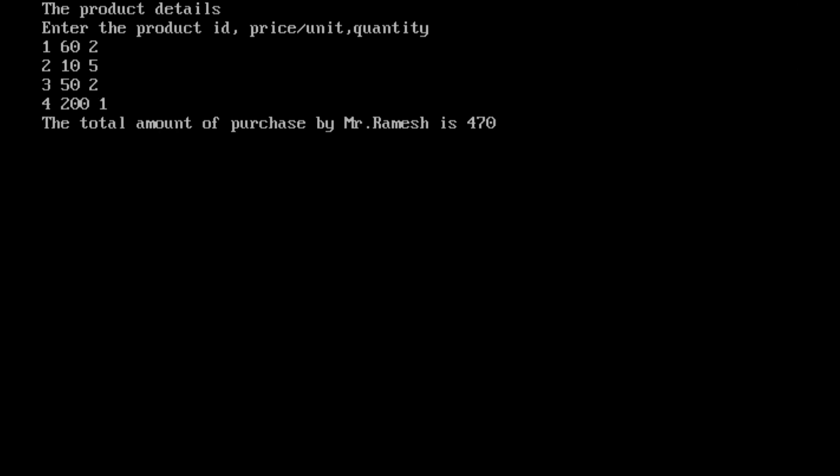See here, the total amount of purchase by Mr. Ramesh is 470. So this is the way by which you can make use of the two-dimensional array, right?